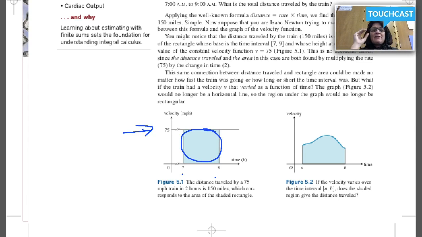So the founders of calculus surmised that just the same way that when velocity was a constant, I could find the area under the velocity curve, even if the velocity weren't constant, here's a velocity function that is not constant, it's not a horizontal line, it's not even anything I maybe have a formula for, it's still the case that the area under the velocity curve between the travel times gives distance traveled.